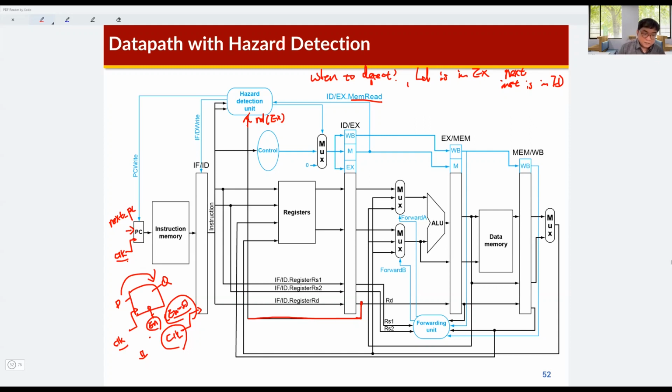And this update is controlled by the signal PC write. Okay. So if PC write is 0, then what will happen?